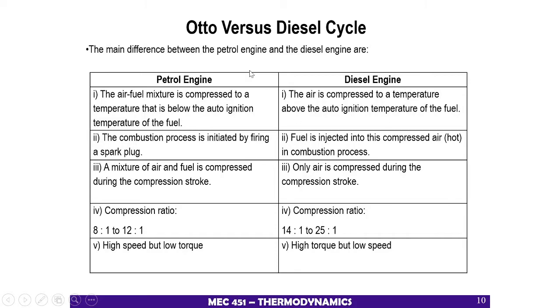So a petrol engine produces higher speed but lower torque, while a diesel engine gives higher torque but lower speed. High speed means the car or motorbike is faster. Diesel engine is slower but picks up more power.